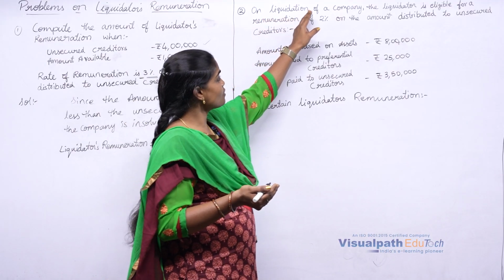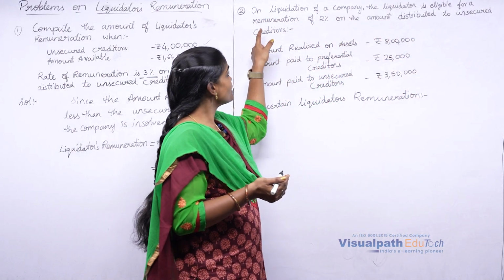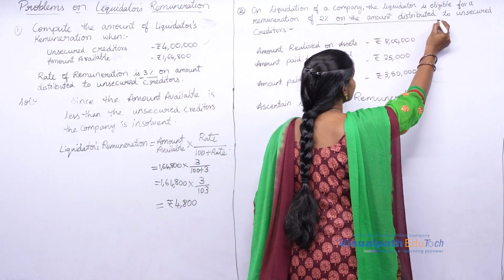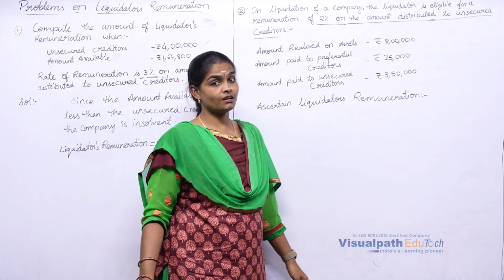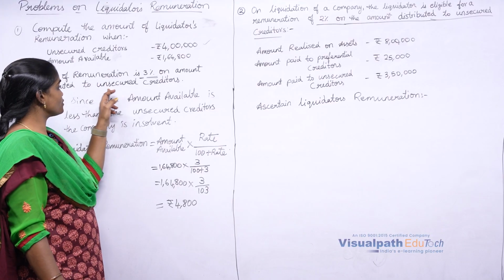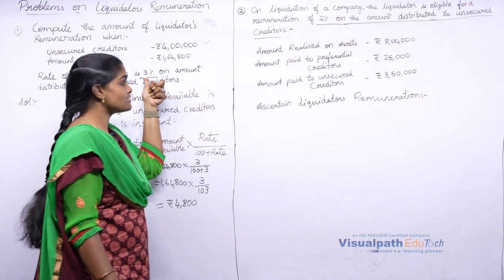On liquidation of a company, the liquidator is eligible for a remuneration of 2% on the amount distributed to unsecured creditors. Here, as in the previous question, it is on the amount distributed to unsecured creditors. Here it is 2%, there it was 3%.